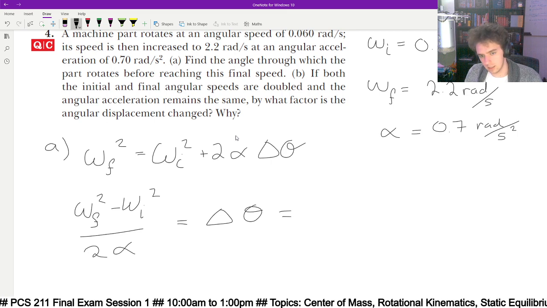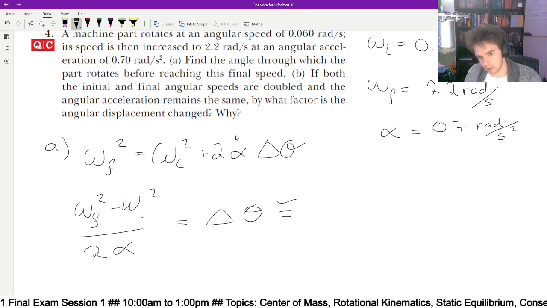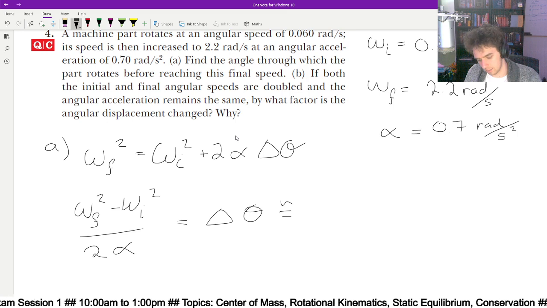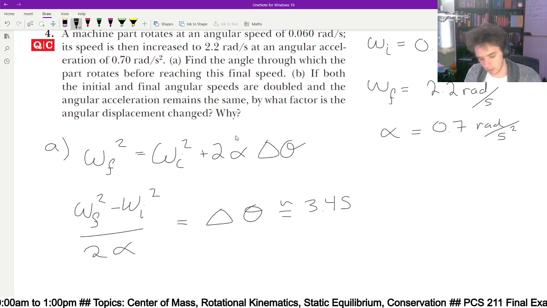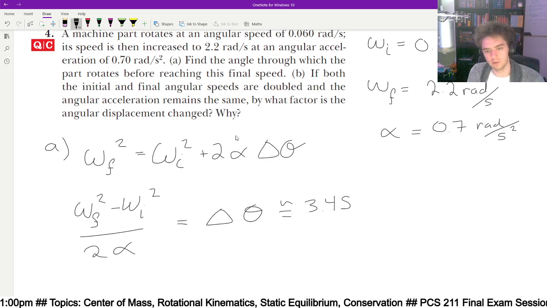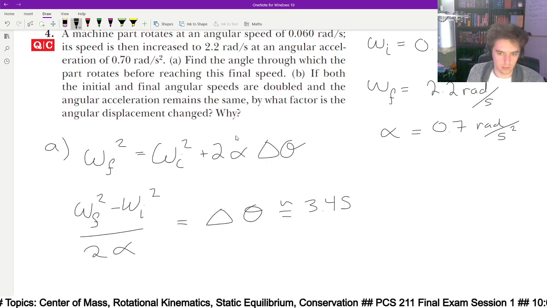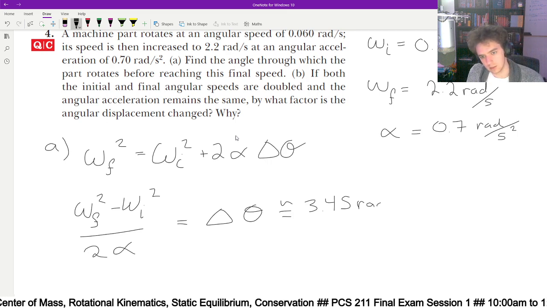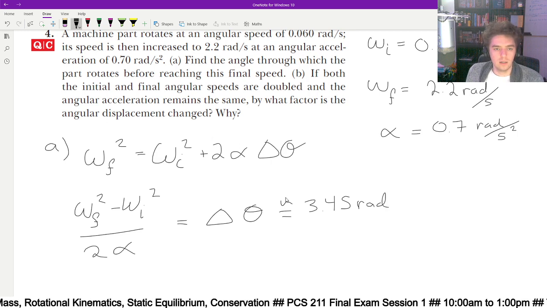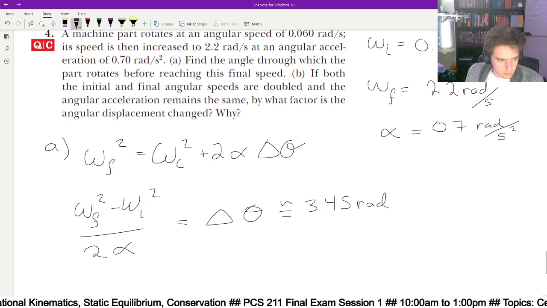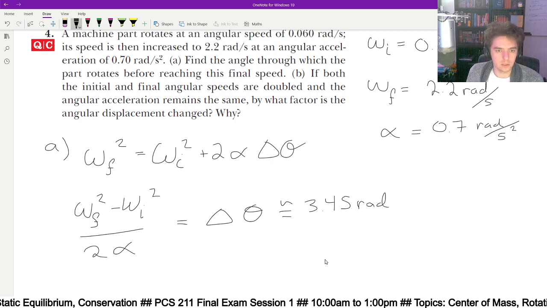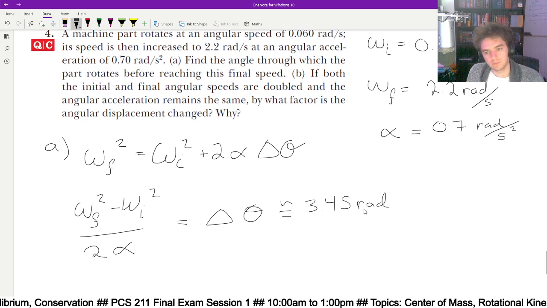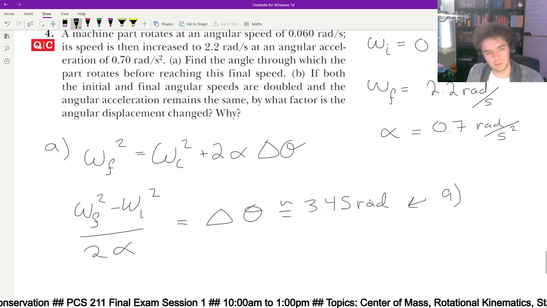So delta theta is approximately 3.45 radians. Let's see if that's the answer. Yes, about 3.5. Okay, that's the answer for part A.